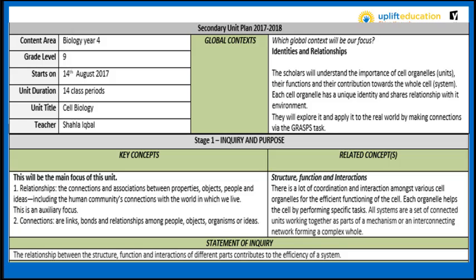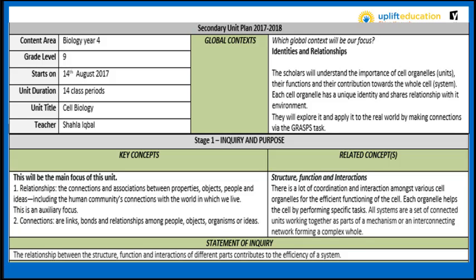Unit plans also help us outline what we will teach each day before we write our daily lesson plans. They are based on our curricular documents and are aligned with our IB teaching practices.